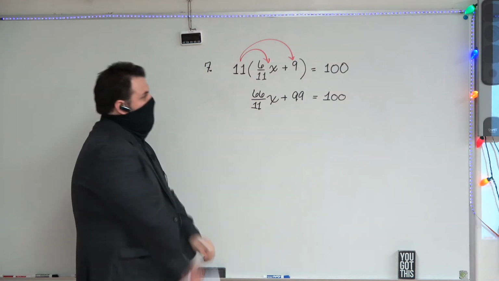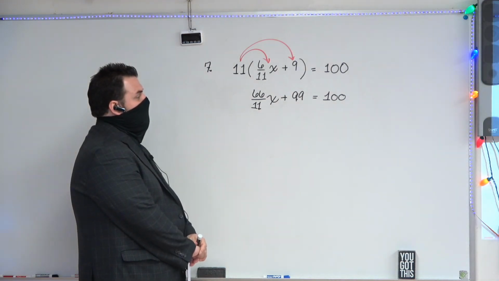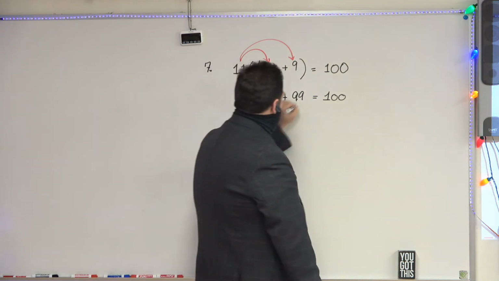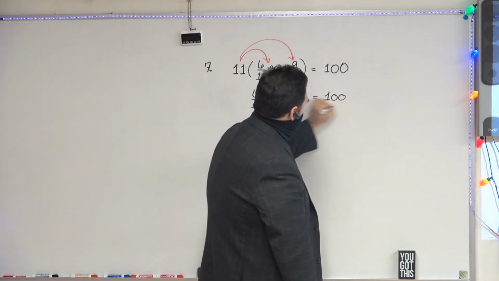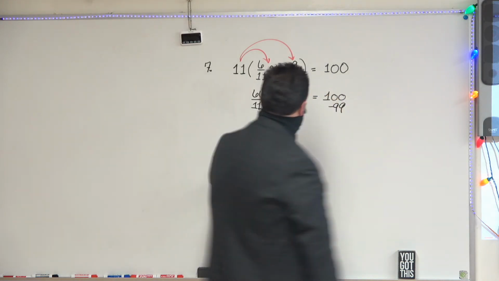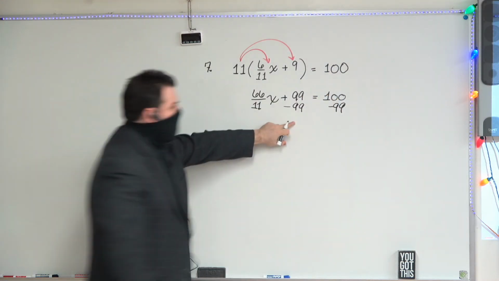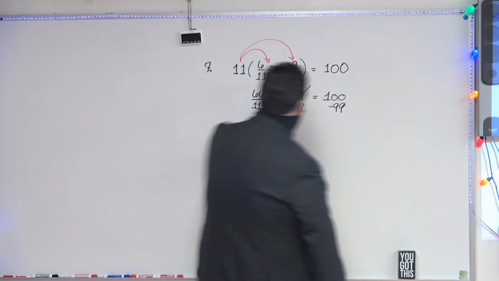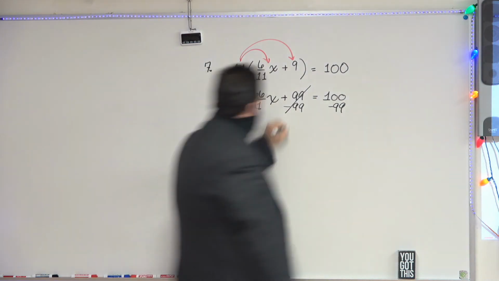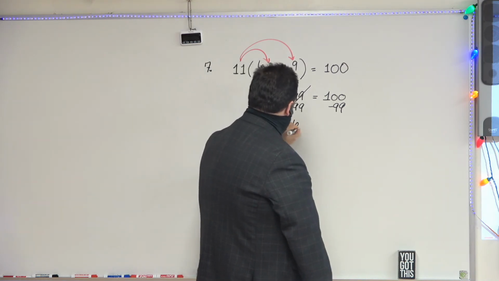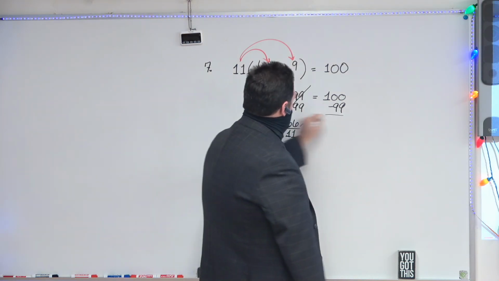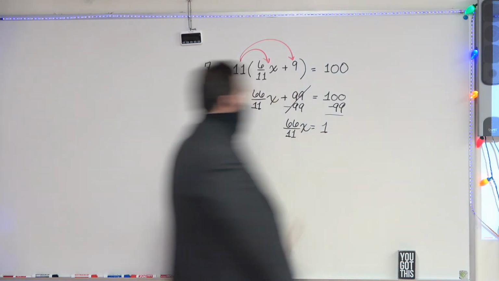Okay, now what should I do? Subtract 99 a dos lados. Now, 99 and negative 99 are additive inverses, so they cancel each other out and go to 0, leaving behind 66 over 11 x equals 1.